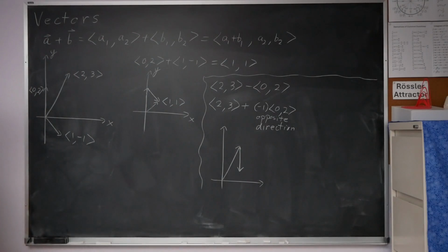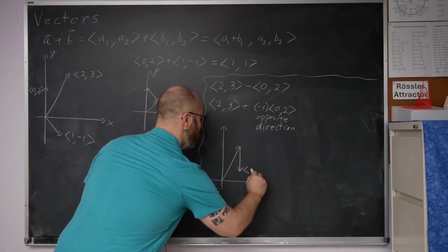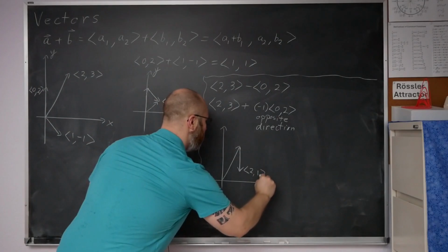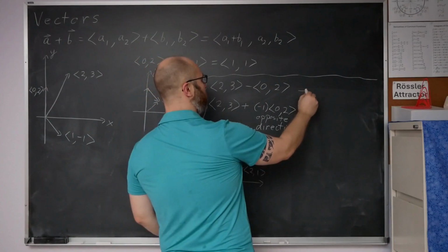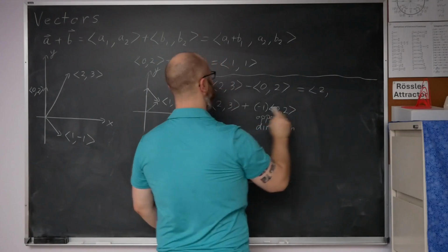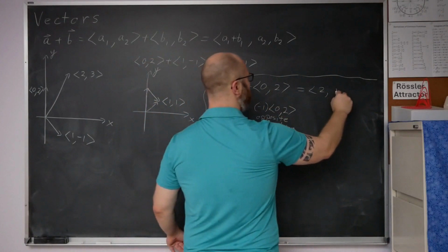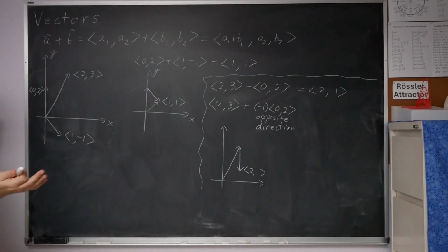And that ends up being 2, 1, I'm pretty sure. And if we do write this out, it ends up being 2 minus 0, so that's 2, 3 minus 2, that's 1. Okay, I did draw it well enough to guess. But that's how you add negative vectors together.